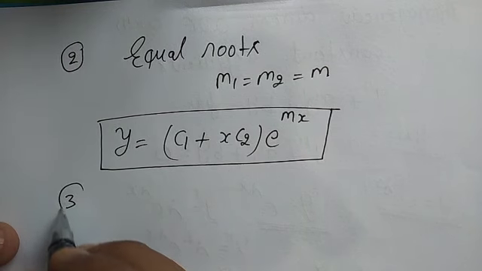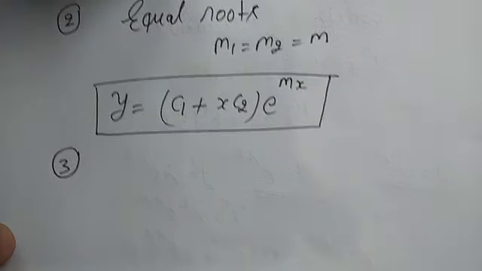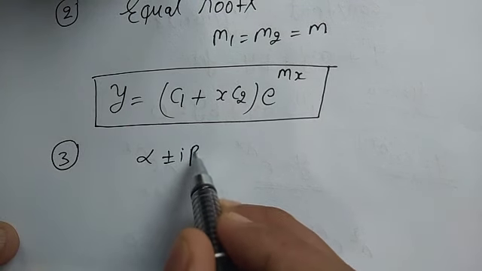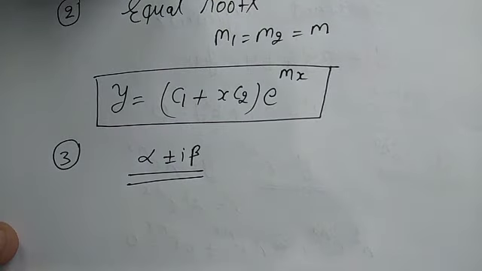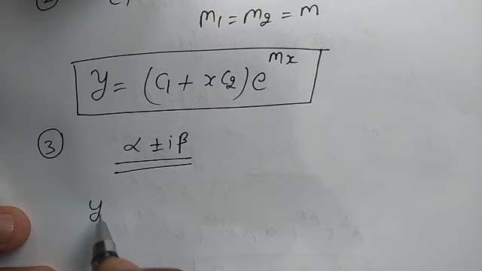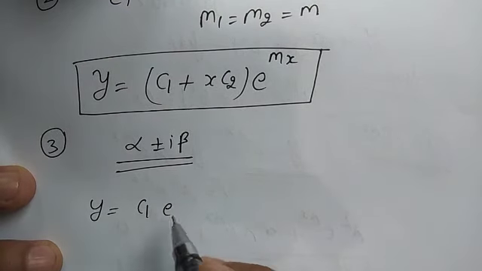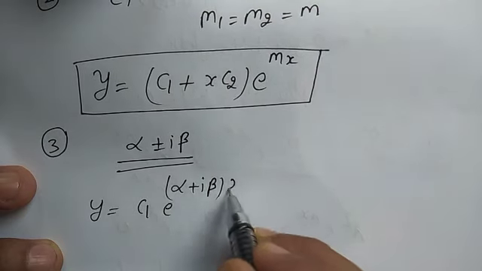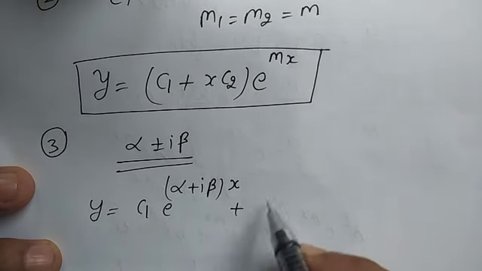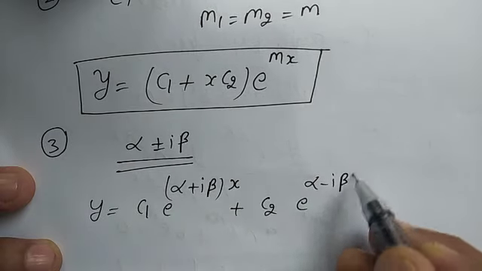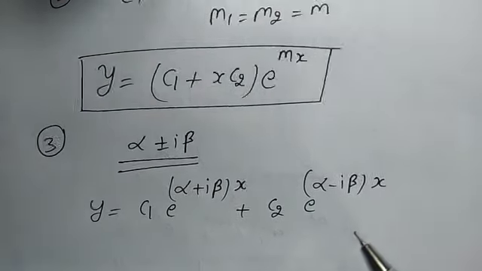And third, we have imaginary roots. Let us have alpha plus minus i beta as imaginary roots. So the solution will be y equal to c1 e power (alpha plus i beta) x plus c2 e power (alpha minus i beta) x.